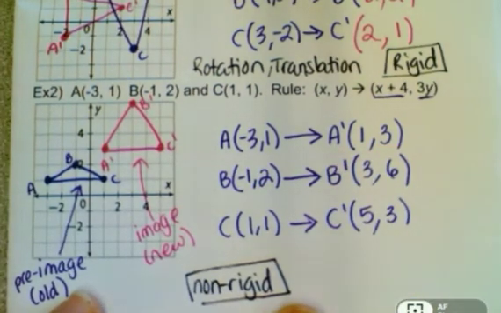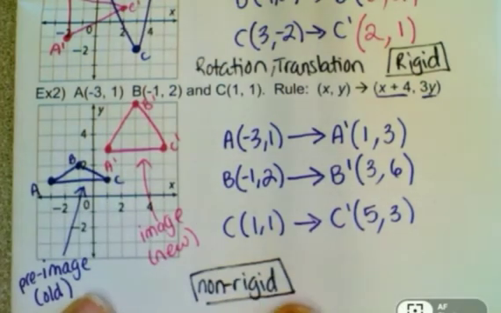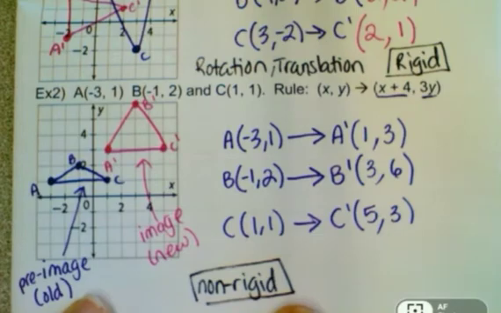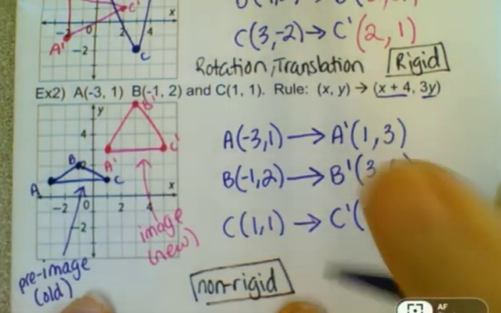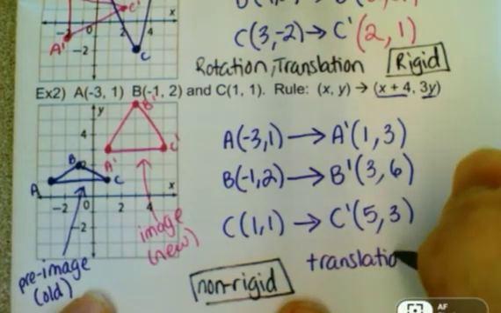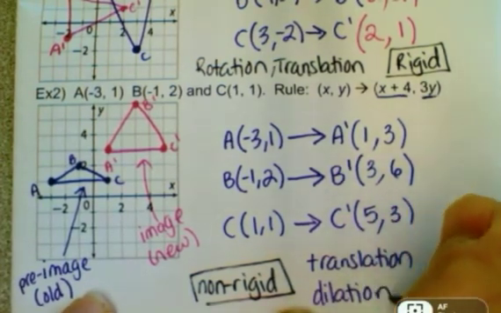The pre-image was kind of short and the image is a little bit taller. And what happened with this is it got moved, right? All the points got moved a bit, so there's a translation that happened, a slide. And there was also something called a dilation, and a dilation is just a stretch.